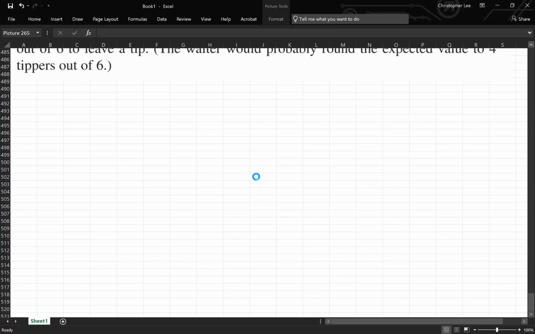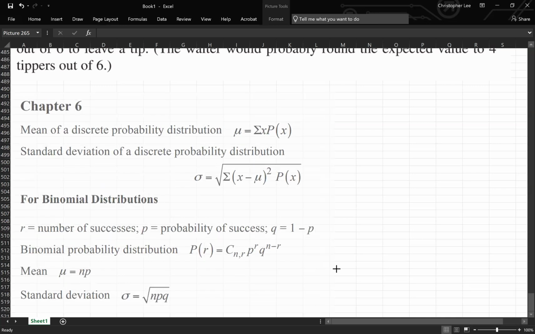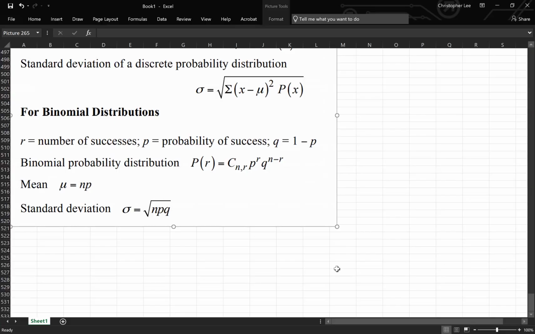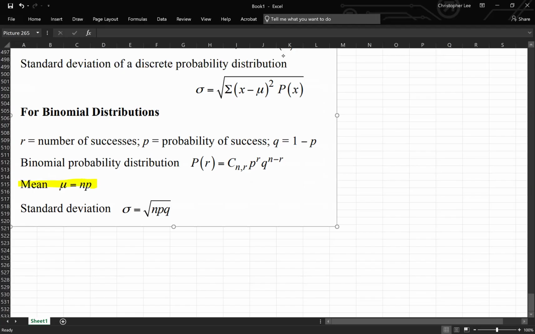So just to show you that this is on the formula sheet, this is directly from the formula sheet where it says chapter 6. Here's the formula right here, where it says mean mu is equal to n times p and standard deviation sigma, square root of n times p times q. This is q.